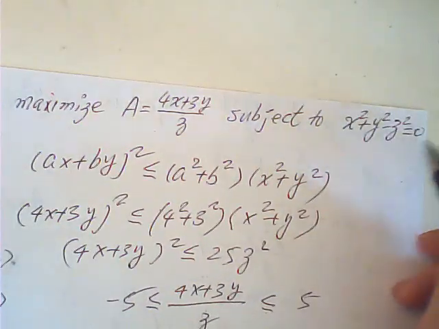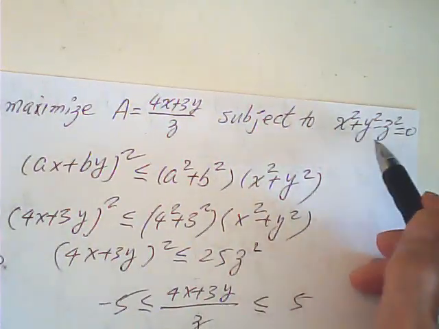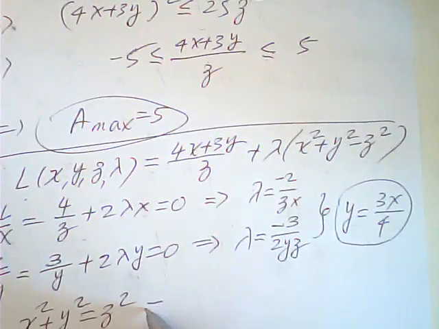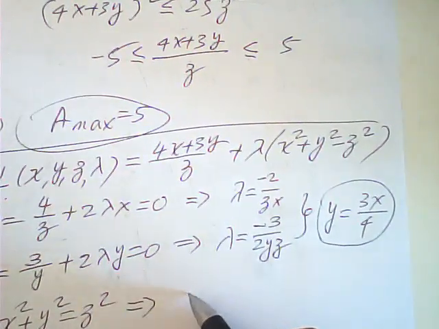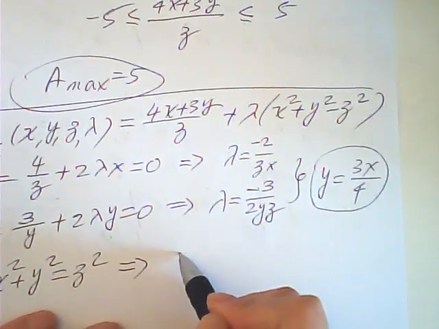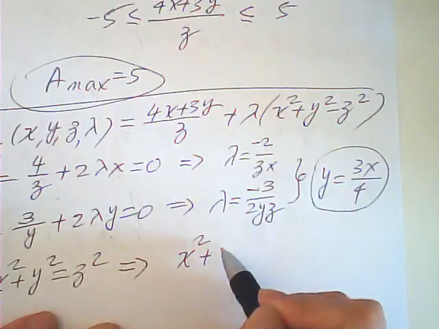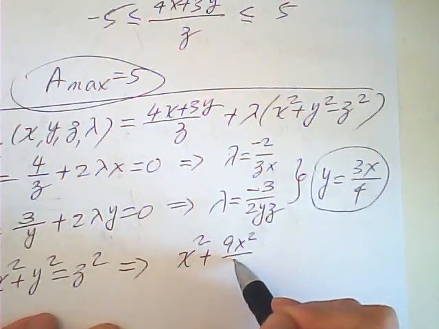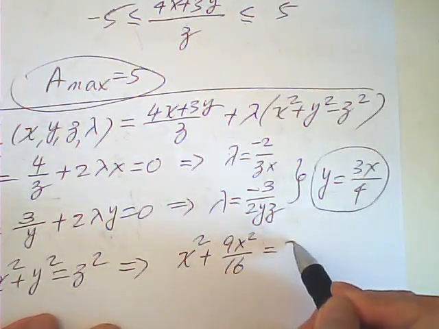This equation is x squared plus 9x squared over 16 equal to z squared.